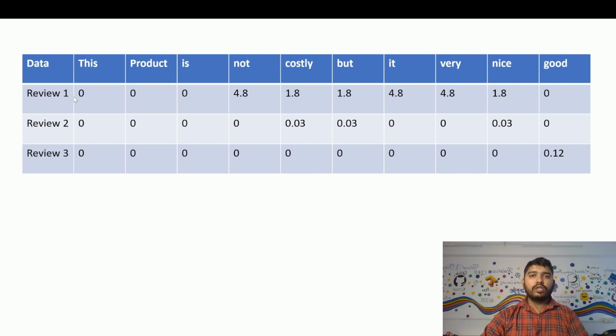So this numerical representation goes into our NLP model, and you can perform various tasks according to your requirement. Like if you want to perform sentiment analysis, then you can use this numeric representation vector and perform the sentiment analysis task. So that's it for the TF-IDF theory.